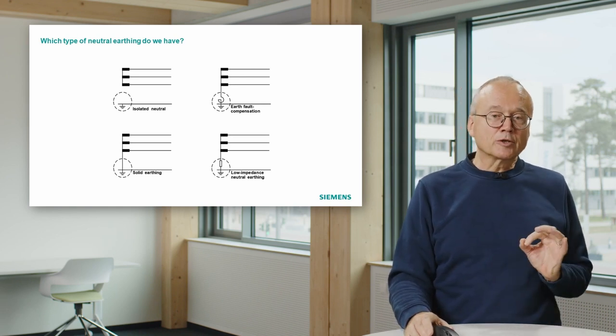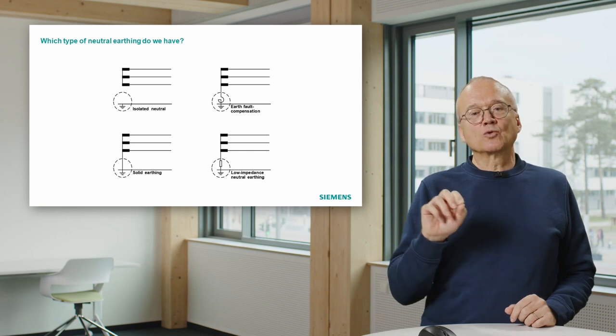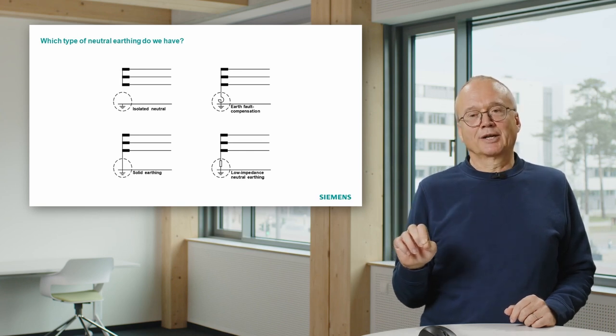If you want to reduce the short circuit current, you can add a resistor here in the star point. If you again imagine this connection to ground and look at this short circuit loop, you now have the resistor in this loop. And that means by this resistor, you can limit the short circuit current.